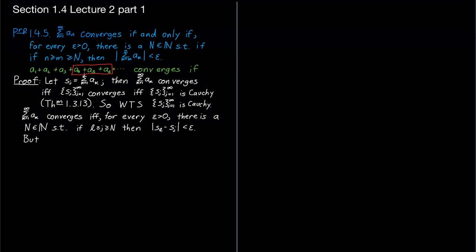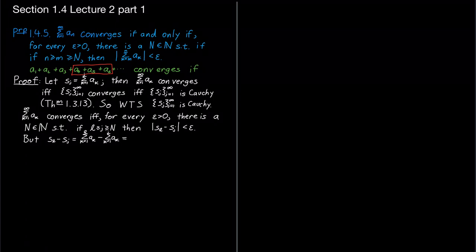But S_L minus S_J, that's the sum from k equals 1 up to L of a_k minus the sum from k equals 1 up to J of a_k. Let's break up that first sum.